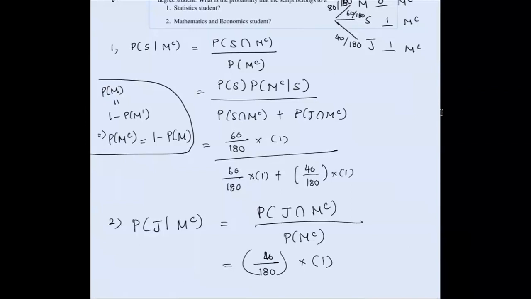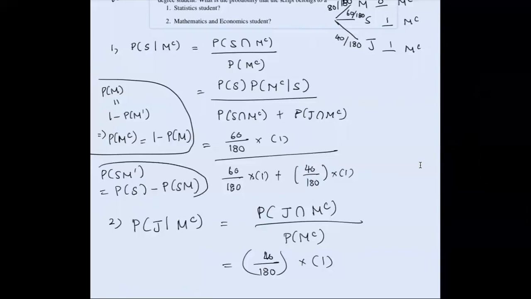Let's see. And then I see the students, instead of rewriting the numerator like that, you can do probability of statistics and non-math equal to probability of statistics minus probability of statistics and math.